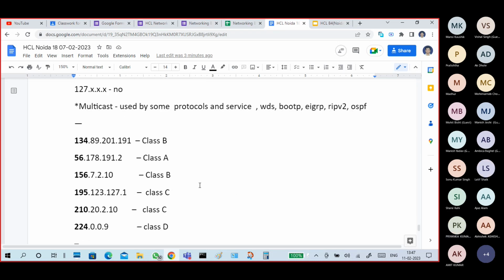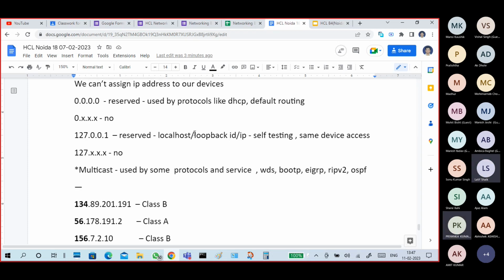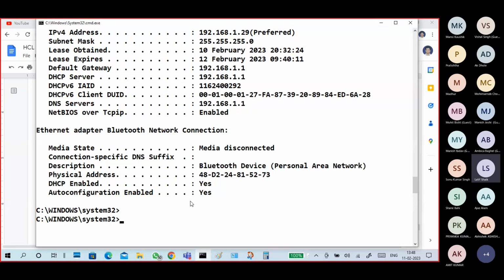Loopback is usually for self-testing. If I am unable to communicate with any outside devices, I think it is my PC's TCP/IP application or service problem.